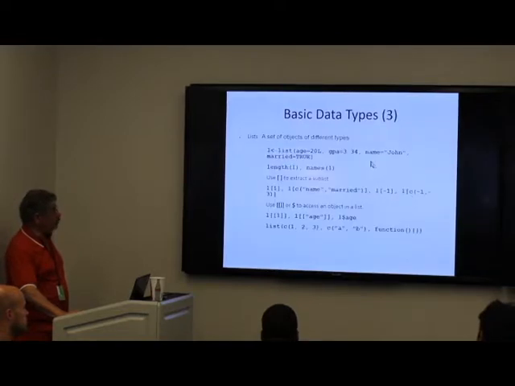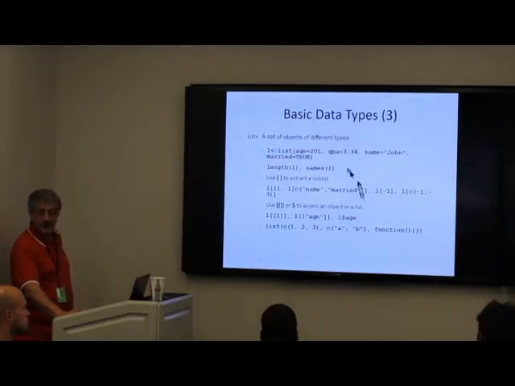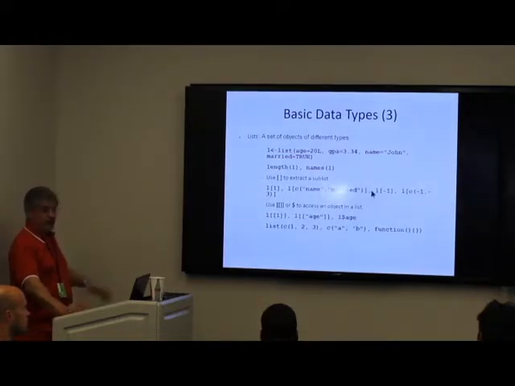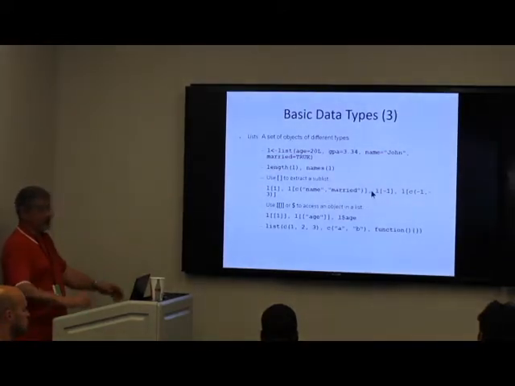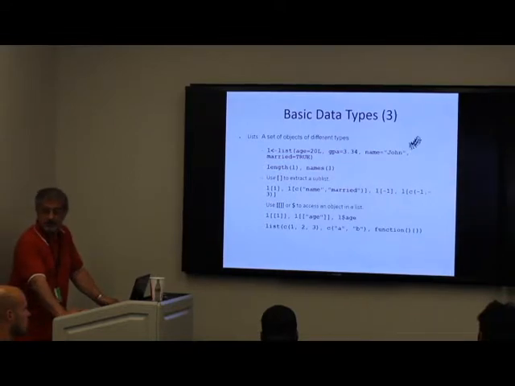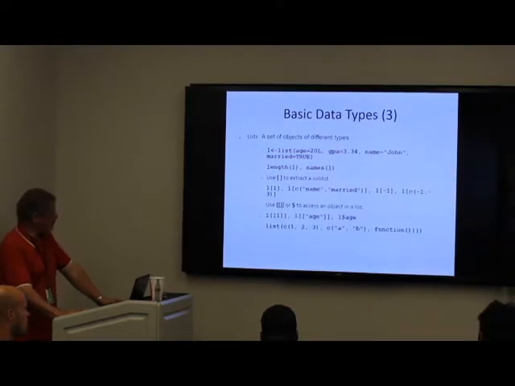Length, names. What are names? Labels. Names of L, the labels. Age, GPA, name, married. Length, of course, is how long it is, and it's four sets. Right?